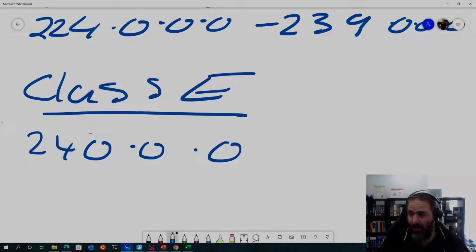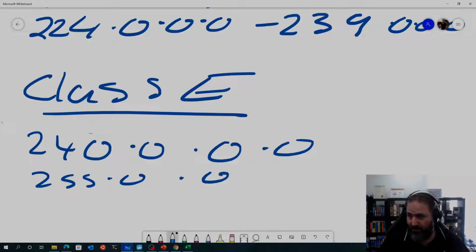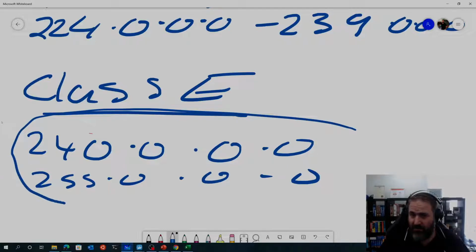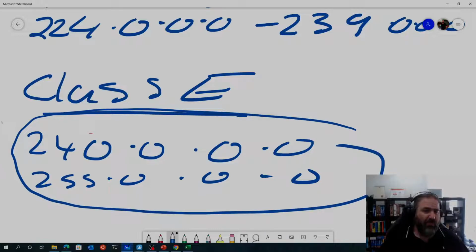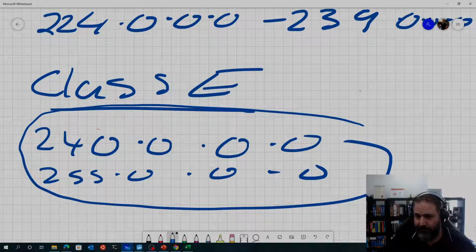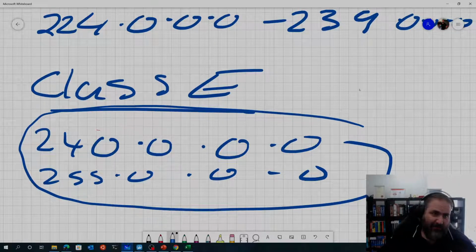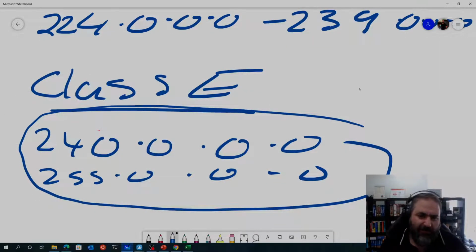No one really knows what they do with this, up to 255.0.0.0. I think there's even another class that the military use. But in any case, at our level, at CCNA, we don't have to focus too much on it.